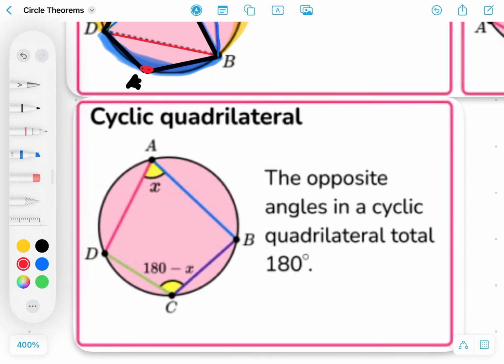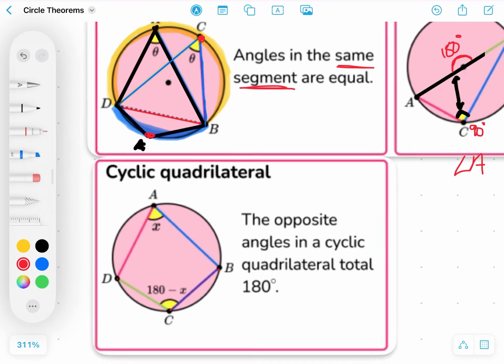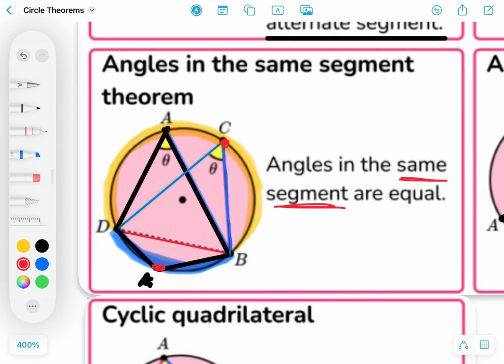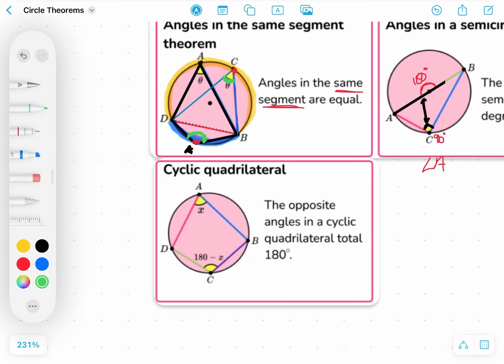It's when all 4 points of a quadrilateral are inscribed within the circle, and they're all touching the circumference, and the opposite angles add up to 180 degrees. So in this case, if we moved A over here to this minor arc DB right here, then we would have that this green angle plus this angle right here would add up to 180 degrees.